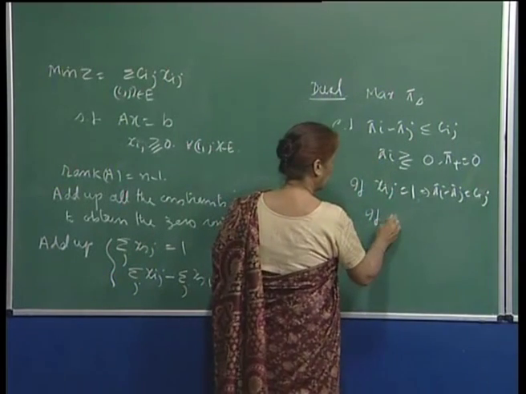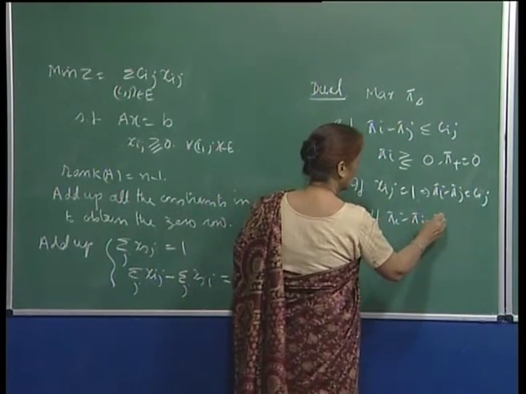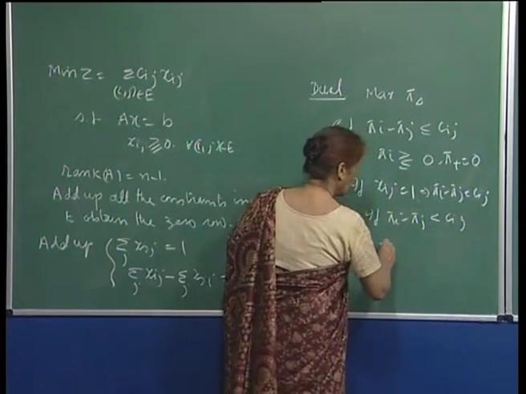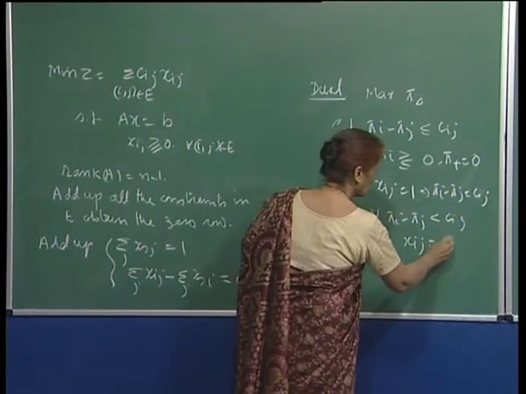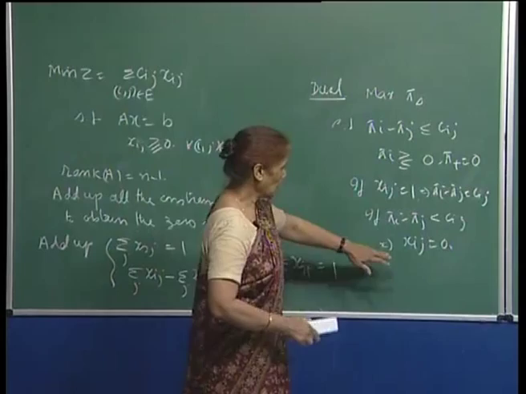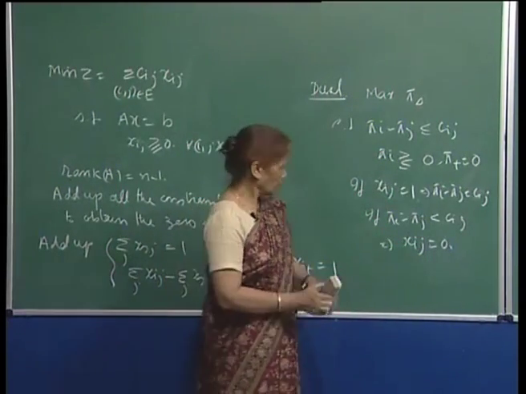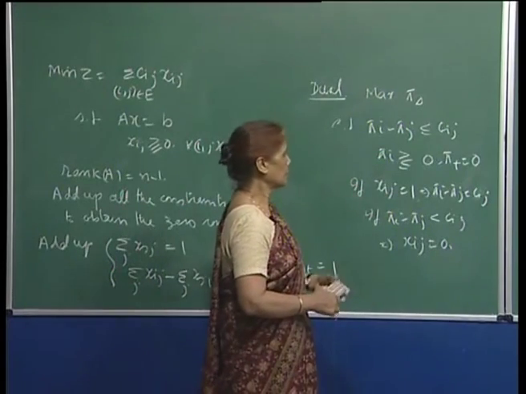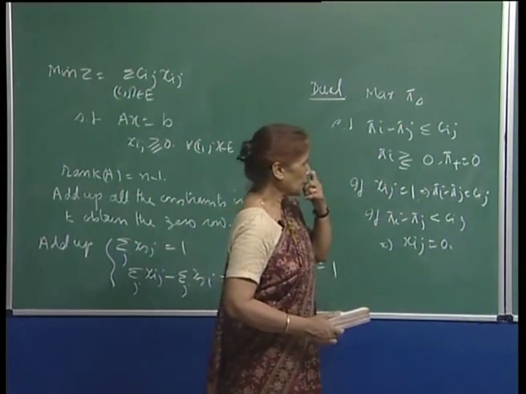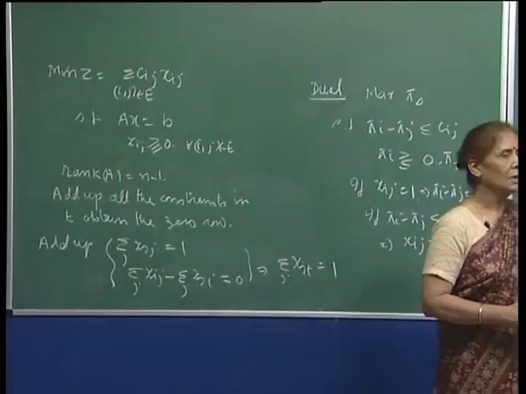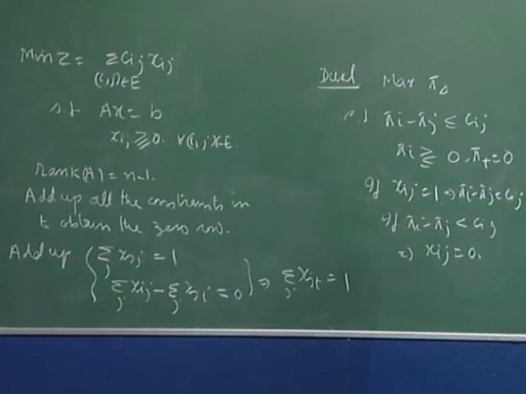And if pi_i minus pi_j is strictly less than c_ij, then x_ij has to be 0. That means the corresponding arc will not figure in the shortest path. Later on we will show you many more interesting interpretations and how algorithms are developed using these formulations.